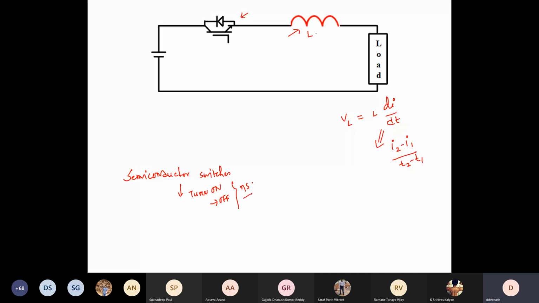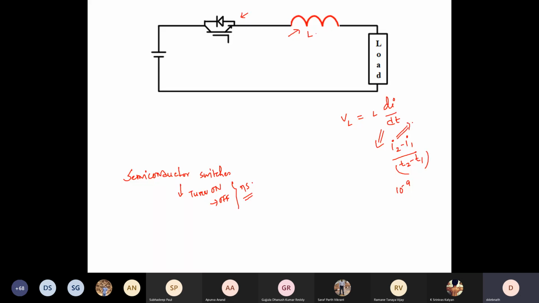Okay, very short time. I'll show you in some other slide. So this time will be very short, maybe in nanoseconds, so 10 power minus 9, or 1 or 2 orders here and there. This current I2 finally has to go to 0.